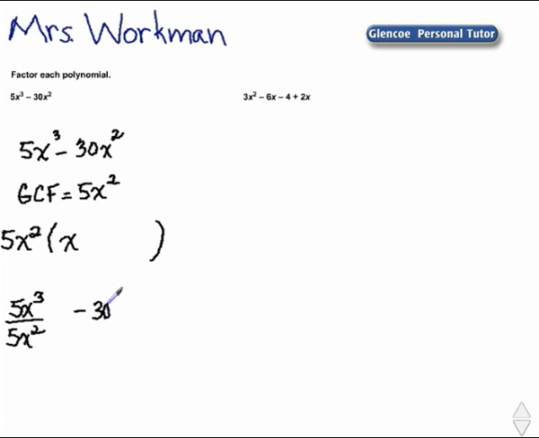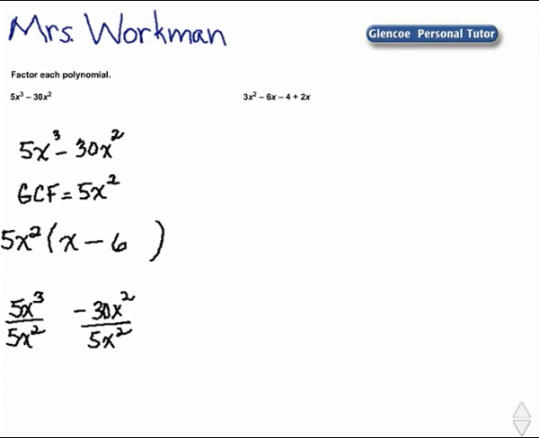Negative 30x squared divided by 5x squared would be negative 6. And so 5x cubed minus 30x squared in its factored form is 5x squared times the quantity x minus 6.